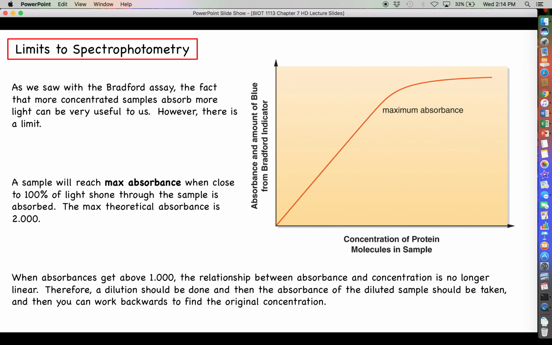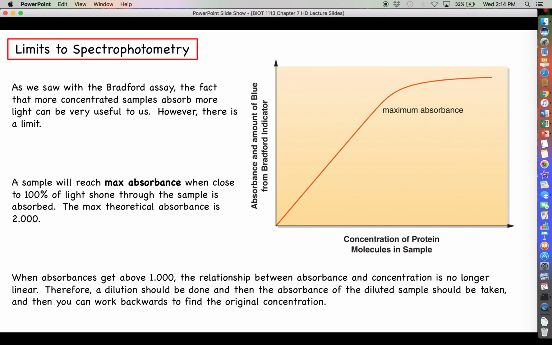So, practically speaking, if you do some spectrophotometry and you get an absorbance value that is greater than 1, you should not be confident in your ability to get an accurate concentration from that sample. So what do you do with that? Well, what you would do is you would take your sample that you are trying to measure the concentration for, you just need to dilute it down.